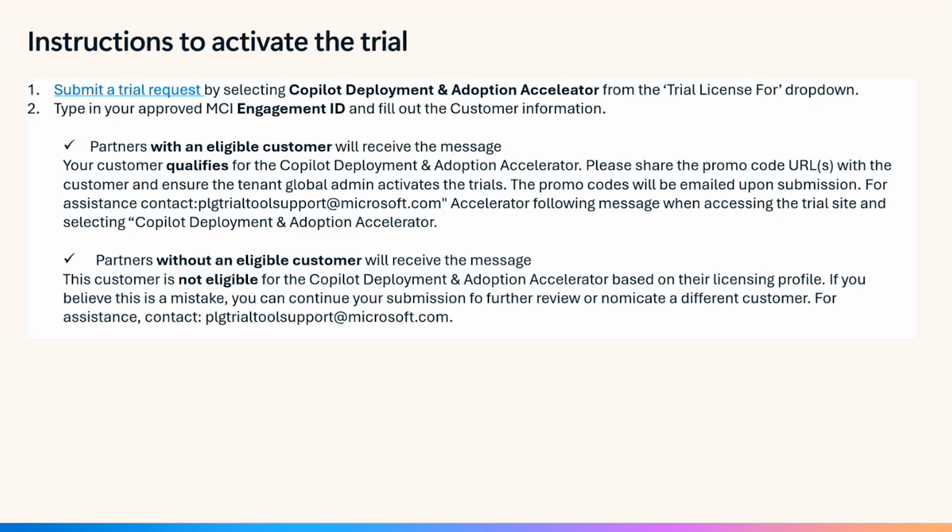And this is when your client is not eligible. And then you can check if you can find another way with Microsoft to get a trial plan for your customer.